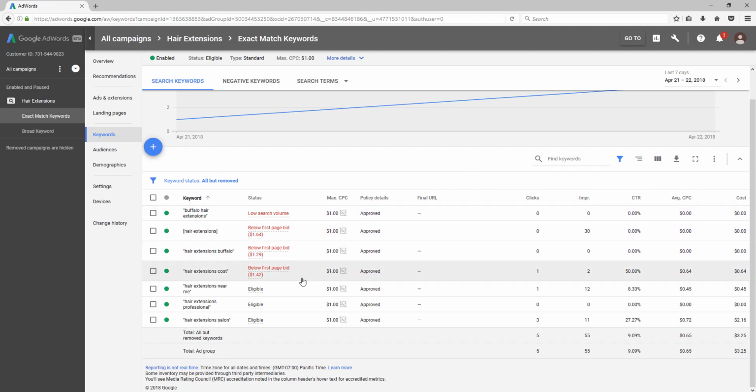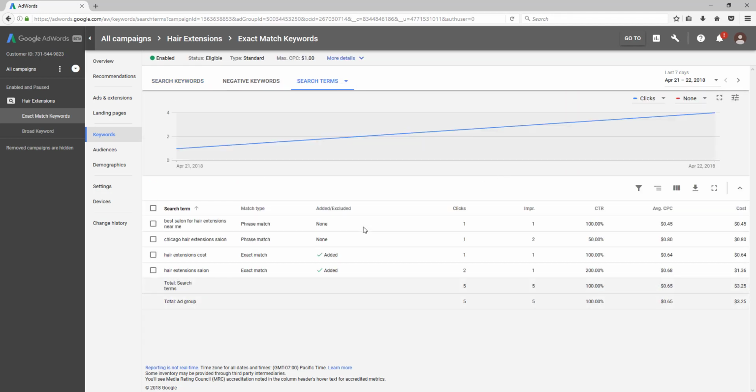We'll talk about some of this other stuff in a second, but let's do the same thing with these more targeted keywords here, and go to the search terms as well to see if we had some better searches. Besides the Chicago thing here, that was just a geo-targeting error, which I found fairly early on.